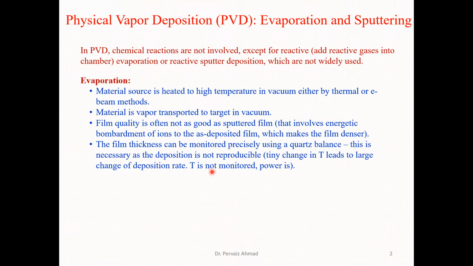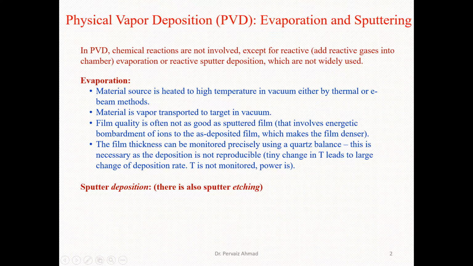When you are running the evaporation system for the deposition of thin film, even a small increase in temperature is responsible for a huge change in the deposition rate. That's why we say that temperature is not monitored but power is monitored. You have to control the temperature via the power, so you should be expert in how to control the temperature by controlling the power.